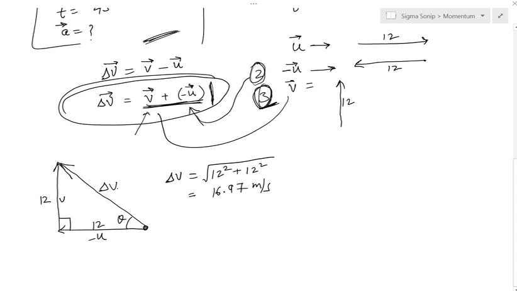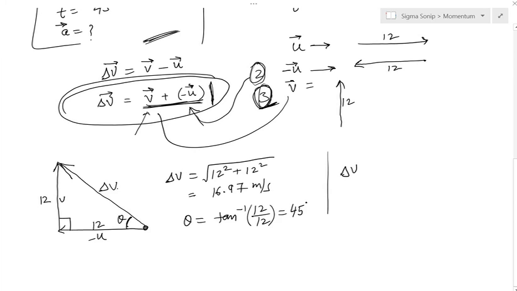That direction I will call theta. Whenever you're finding a vector, if the data allows you, you should find the direction as well. So this theta here is equal to tan inverse of 12 over 12, which is equal to 45 degrees.